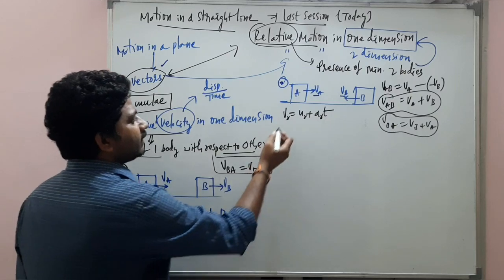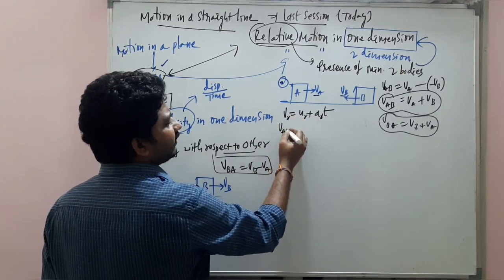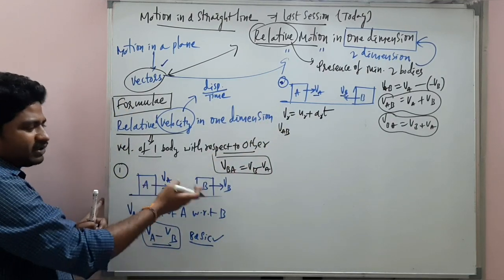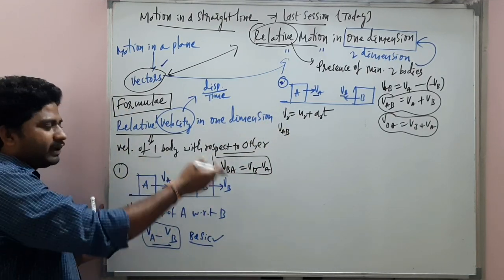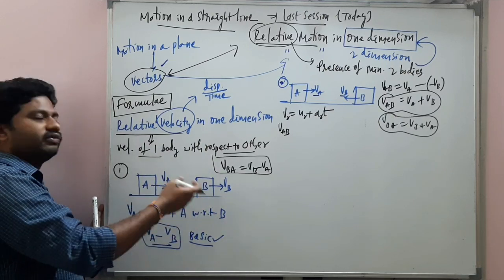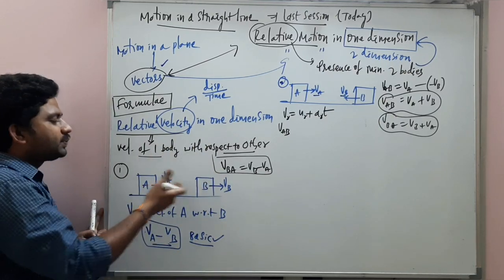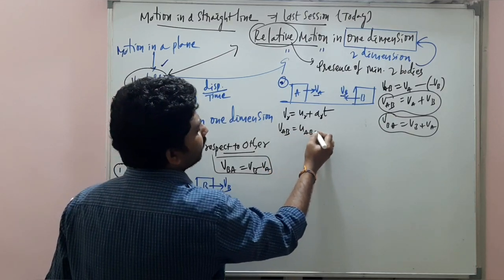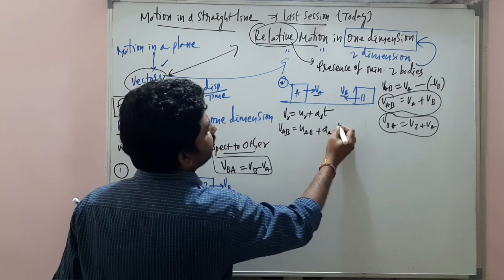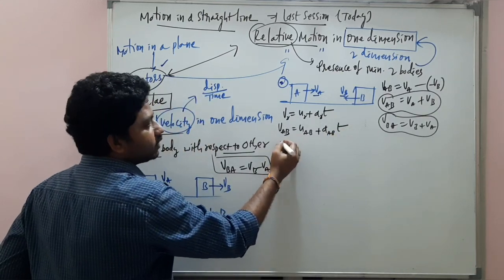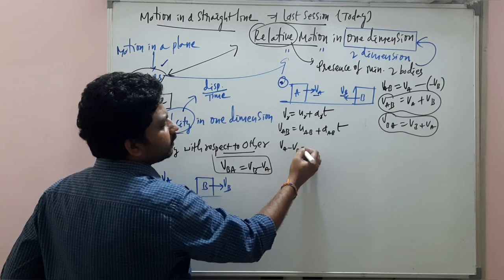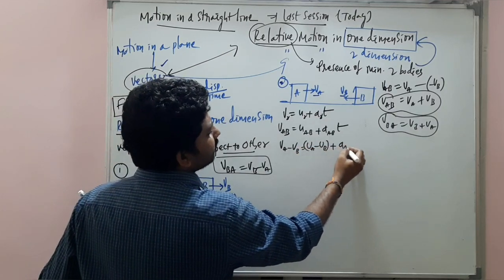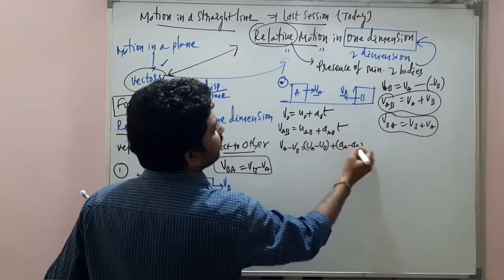Now this can be written as the final velocity of A with respect to B. Let's take this case only. Both will be moving with some initial velocities. After some time, both will acquire some final velocities. They both move with different accelerations because speeds are different. So this is equal to UAB plus AAB into T. So what is this VAB? It is VA minus VB, which is UA minus UB, plus AA minus AB into T.